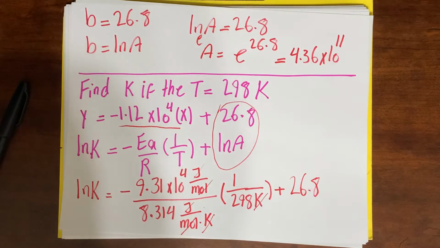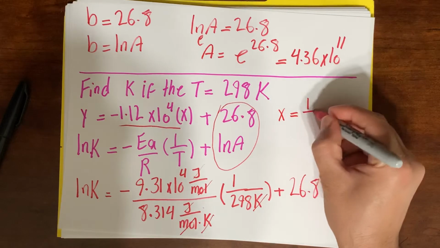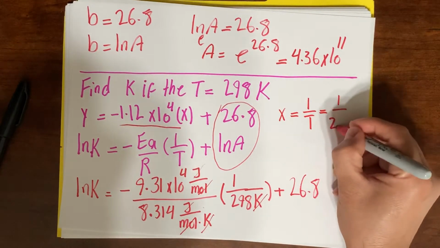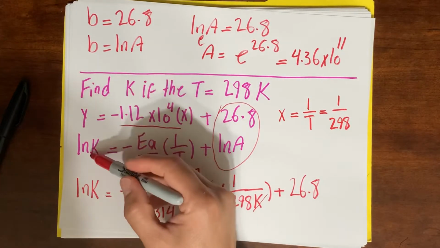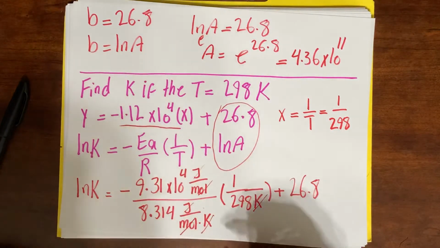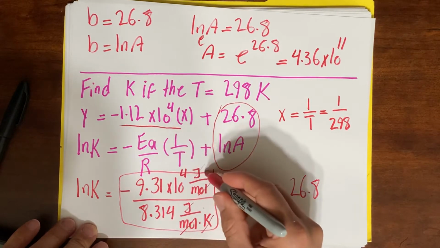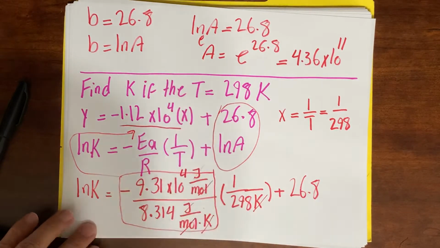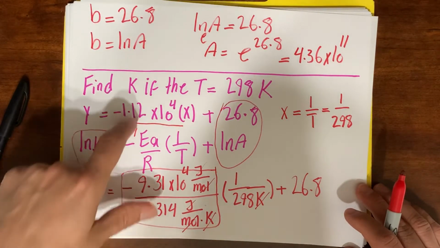So I could easily replace x by 1 over T, which is going to be 1 over 298, and it will give me the y, and y is equal to ln of k. Then I can calculate the k. If you do the calculation for this one, it will be equal to this number. On purpose I use this one to show you that it doesn't matter which one you use.